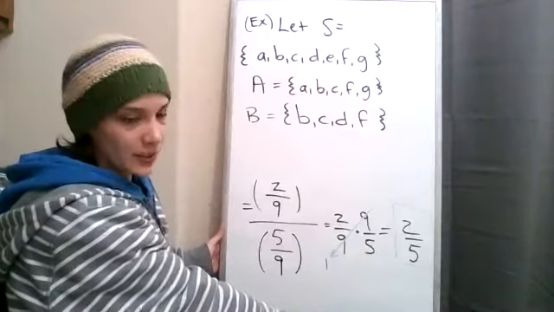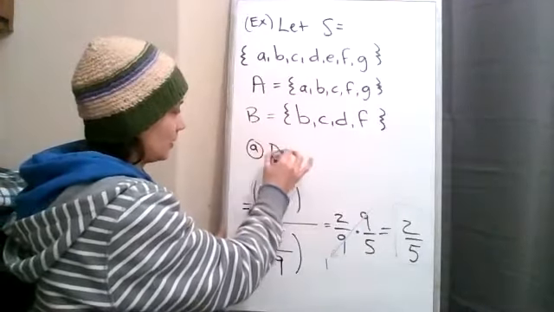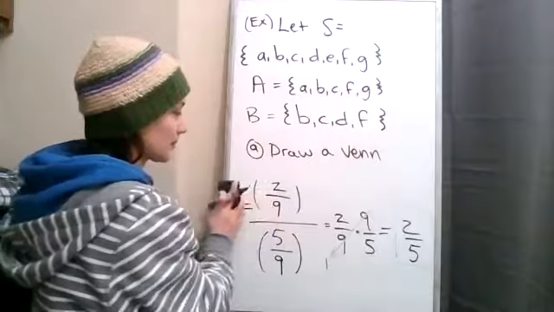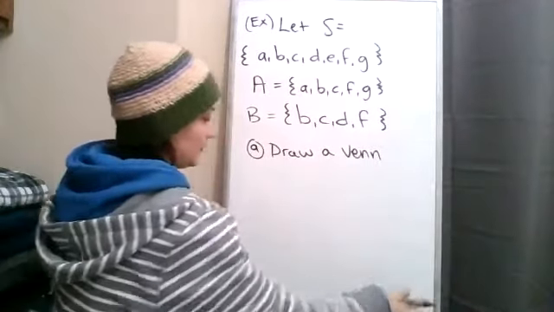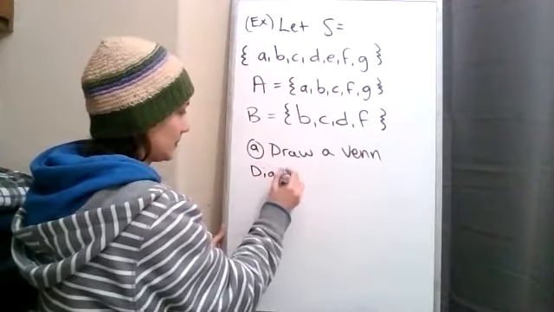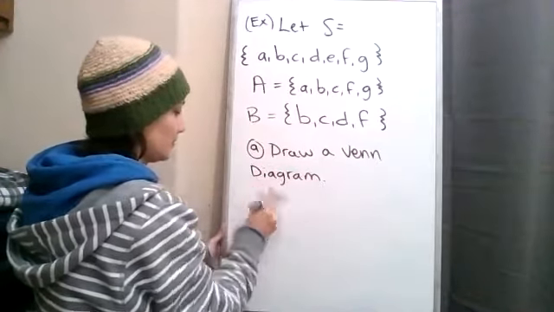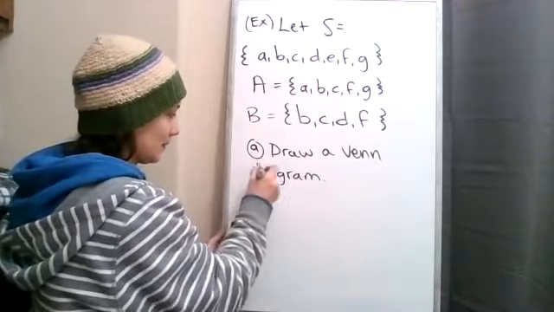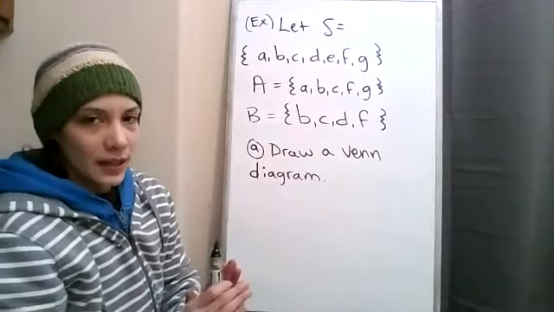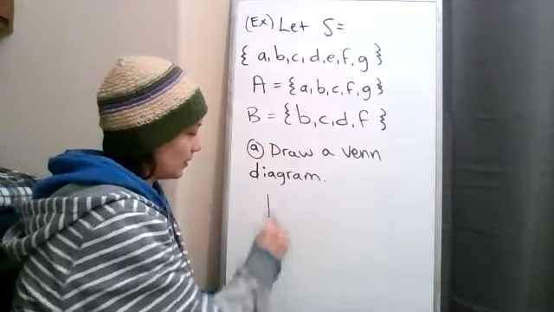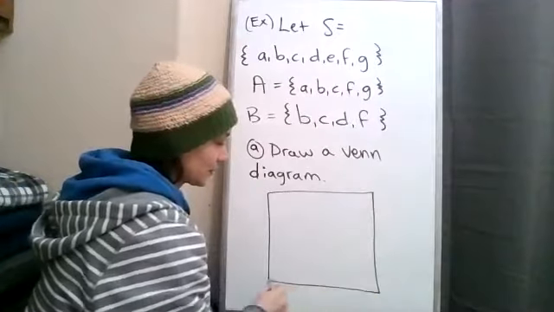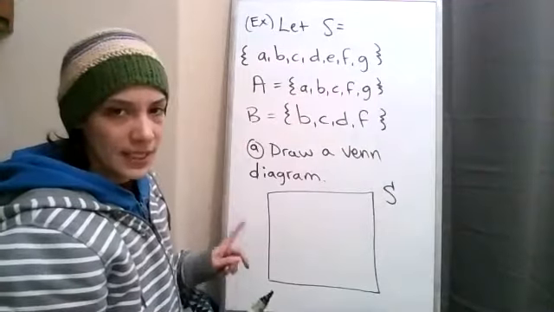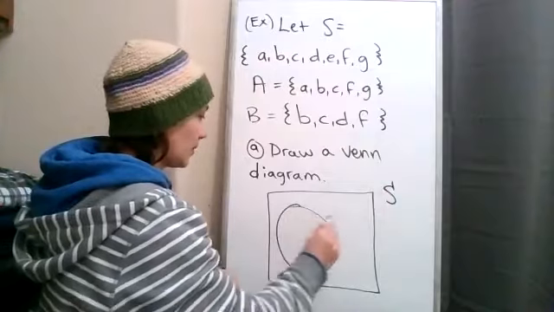We should do a Venn diagram first. The full space, since A and B are going to overlap.